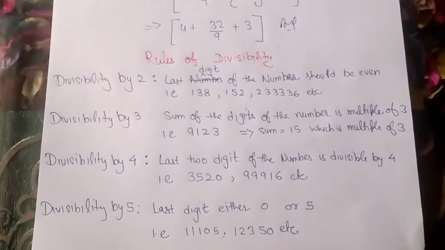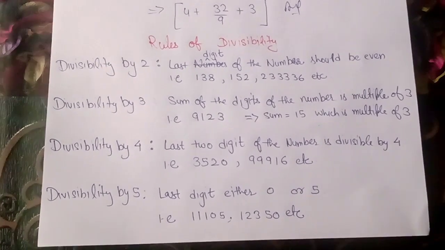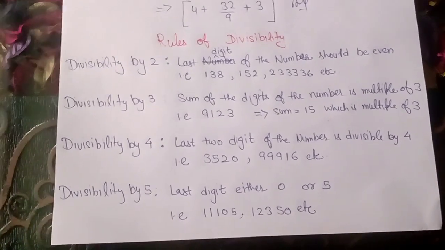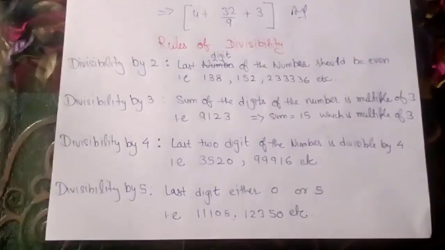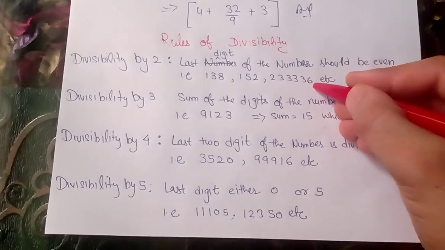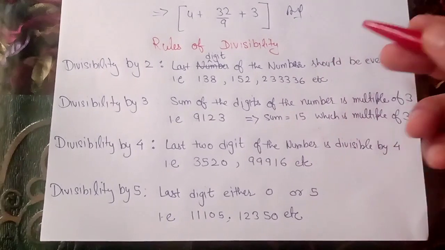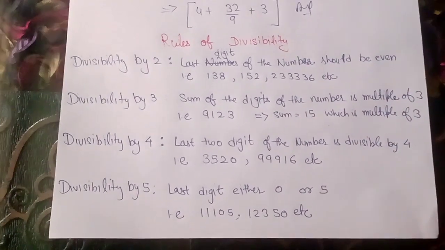So we have the divisibility rule of 2. The last digit of any number should be divisible by 2, or it should be even. So if the number is even, then the number will be divisible by 2. For example, here we have 6, so we will directly say this number is divisible by 2. It's very easy.